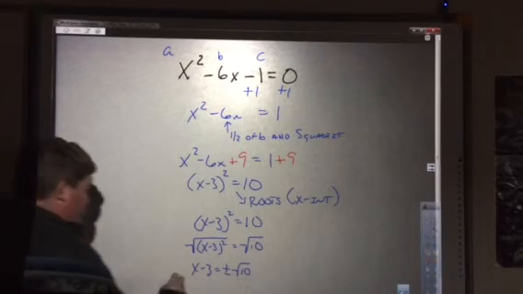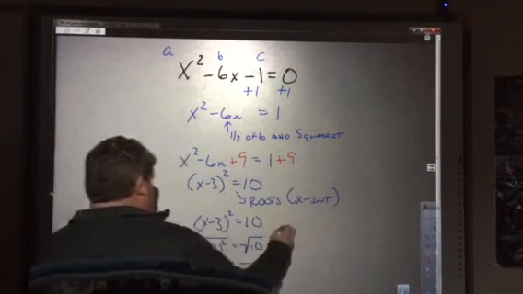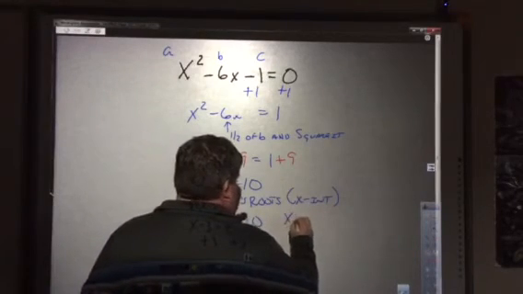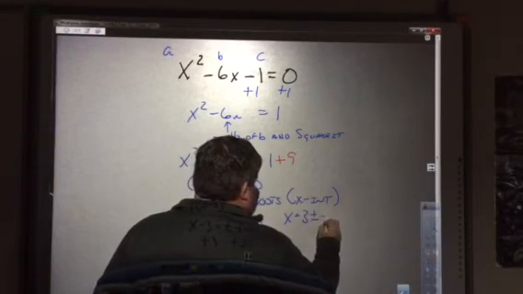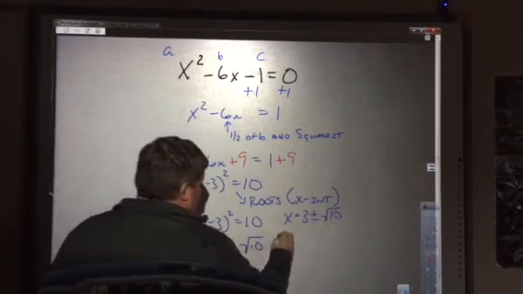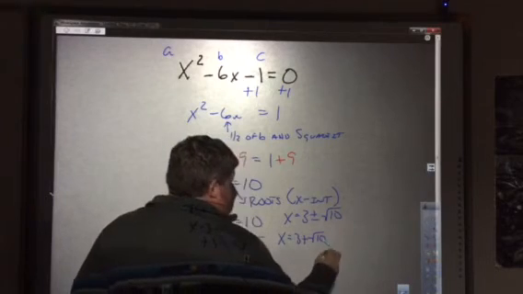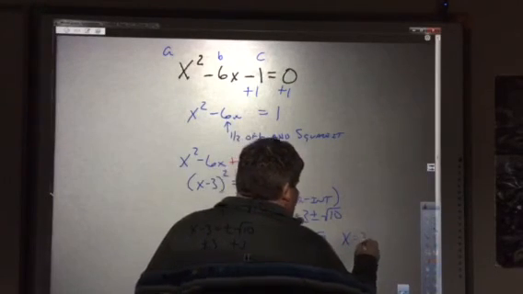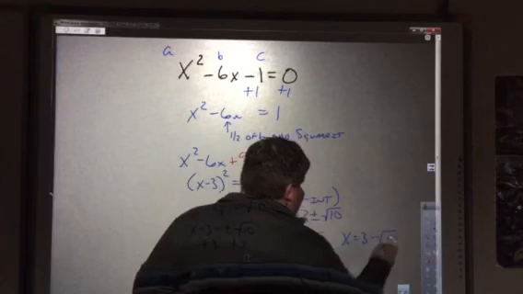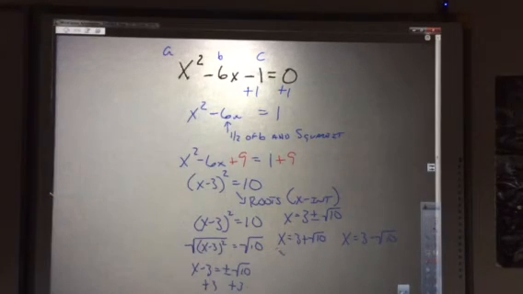So then we're going to add 3 to both sides. So we're left with x equals 3 plus or minus the square root of 10. So those are your x-intercepts, or x equals 3 plus square root of 10, or x equals 3 minus the square root of 10. So those become your roots.